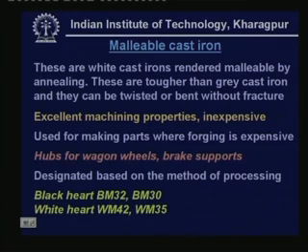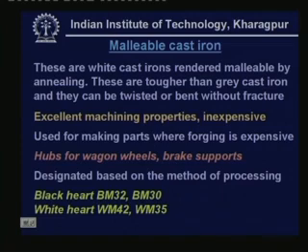These are the characteristics of malleable cast iron, and it has excellent machining properties, and it is also inexpensive. Excellent machining is a desirable situation, because if we make machine components, they can be machined easily.